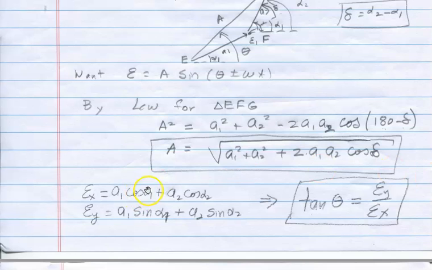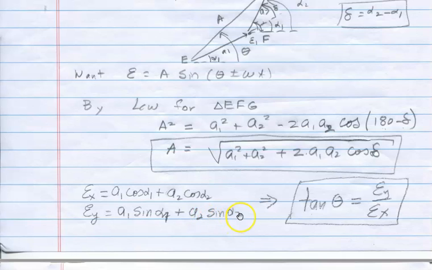That's just the sum of the corresponding components of E1x, E2x, but those are just A1 cosine alpha 1 plus A2 cosine alpha 2. And then E1y plus E2y, and that's just the amplitude A1 sine alpha 1 plus A2 sine alpha 2.